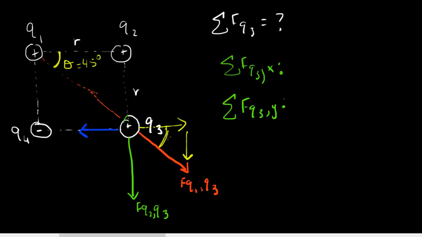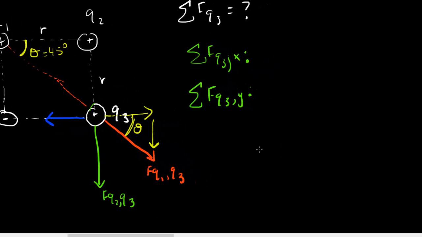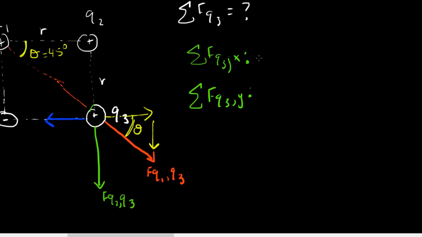So here, let's just call it theta. Now that we know all the forces in the x direction and all the forces in the y direction, geometrically, how are we going to translate that into the equations?